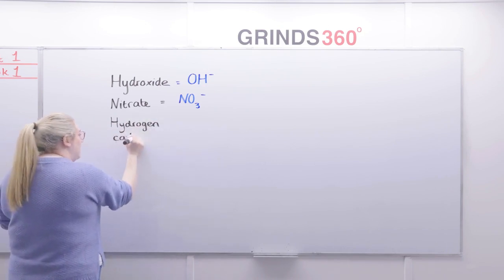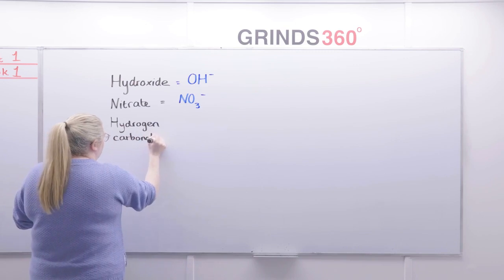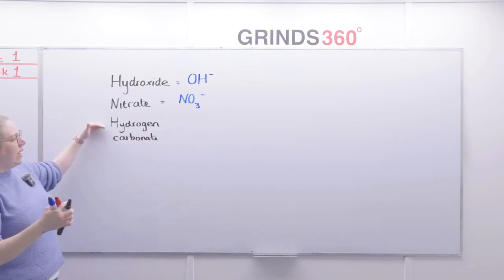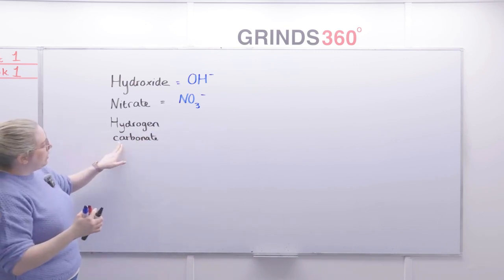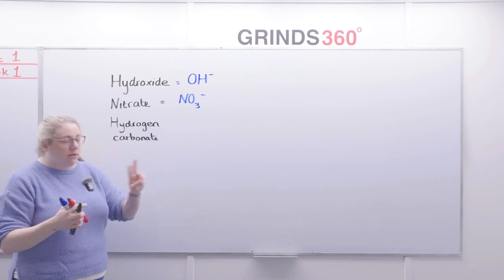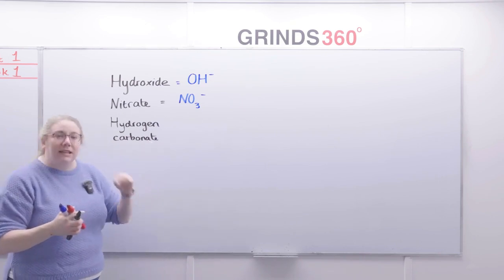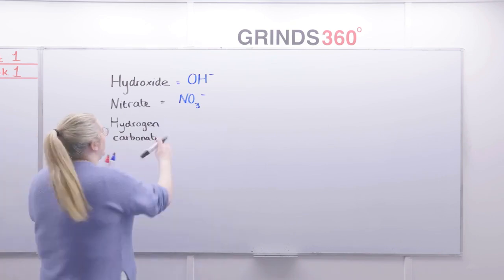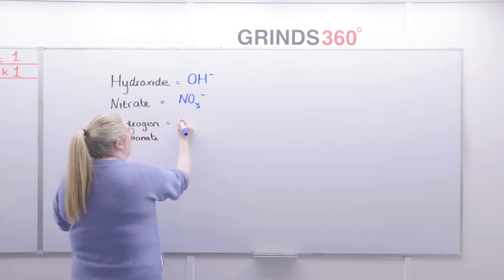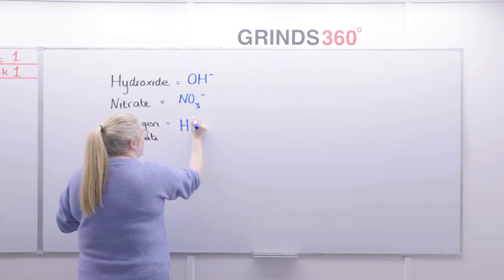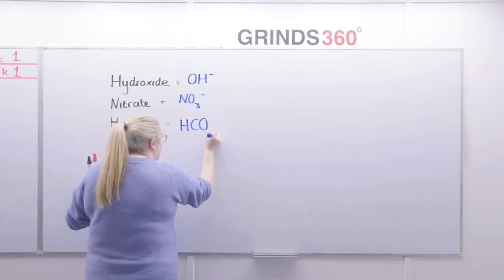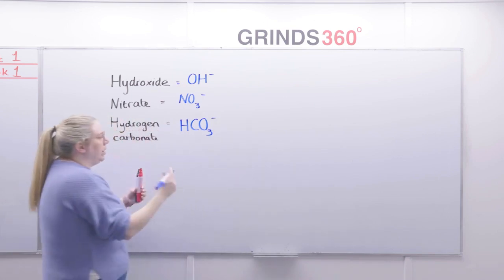It has 3 elements in it. Now try and figure it out from the name. You have hydrogen, that's number 1. You have carbon, that's number 2. And it ends in ATE, so it has to have oxygen as well. So the formula for your hydrogen carbonate is HCO3, and it has a charge of -1.